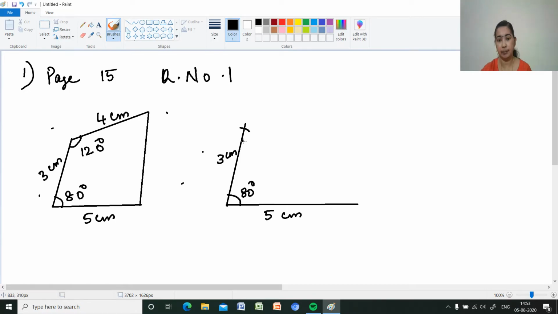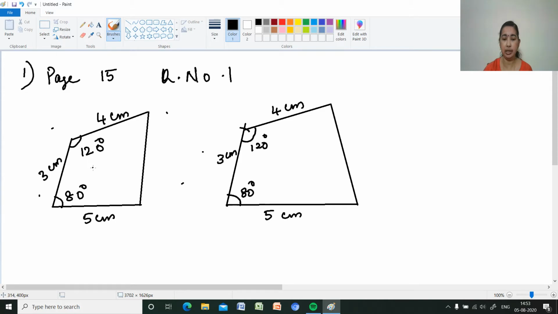Keep it here, measure 120 degrees, then draw a straight line, and that should be 120 degree. Then that length should be 4 centimeter. Now join the ends of both these. So here this angle is 120 degree. This is the original quadrilateral which we have to draw with the given measurements.